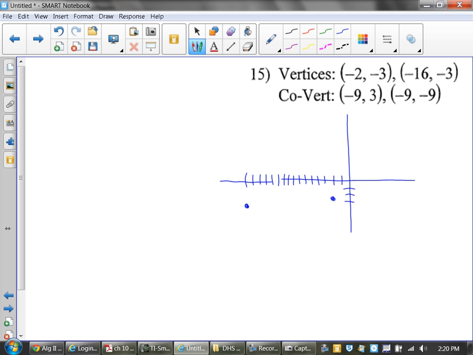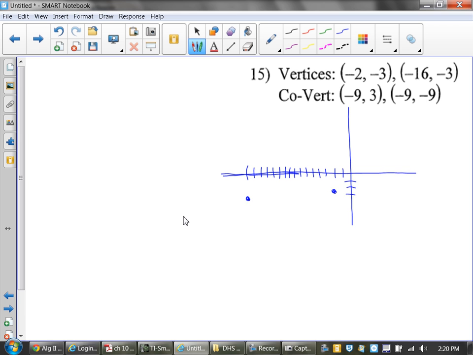So if my vertices are horizontal from one another, what direction is this open? Try to make it come straight across from one another. I know it's going to have to do this. Okay? I know that has to occur.